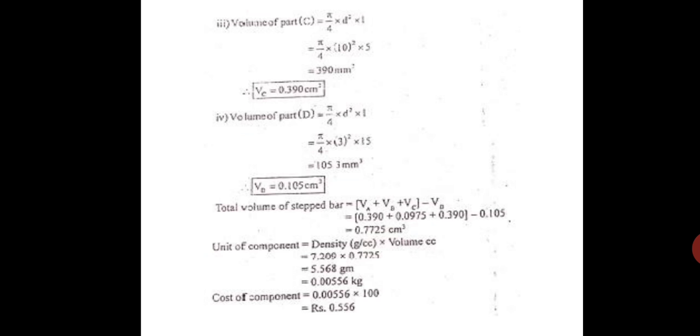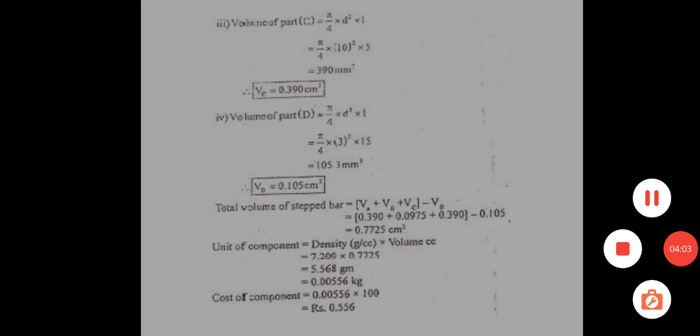And the hollow part in the center, volume of part D is equal to pi by 4 into d square into L. Here L is 15 mm, total length throughout. So pi by 4 into D is 3 mm diameter, 3 square into 15 mm length. So it is 105.3 millimeter cube. We divide by 1000, you get volume of part D as 0.105 centimeter cube.